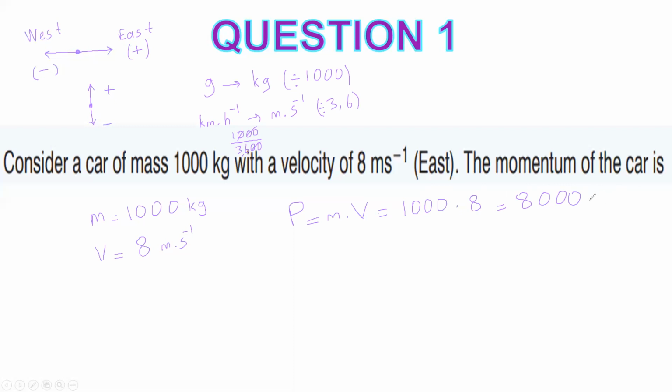If you have positive, you can say direction east, or to the right. And the unit of momentum, you remember, is the unit of mass kg times the unit of velocity meter per second. So we have done question 1, but we add the unit and direction for this question.